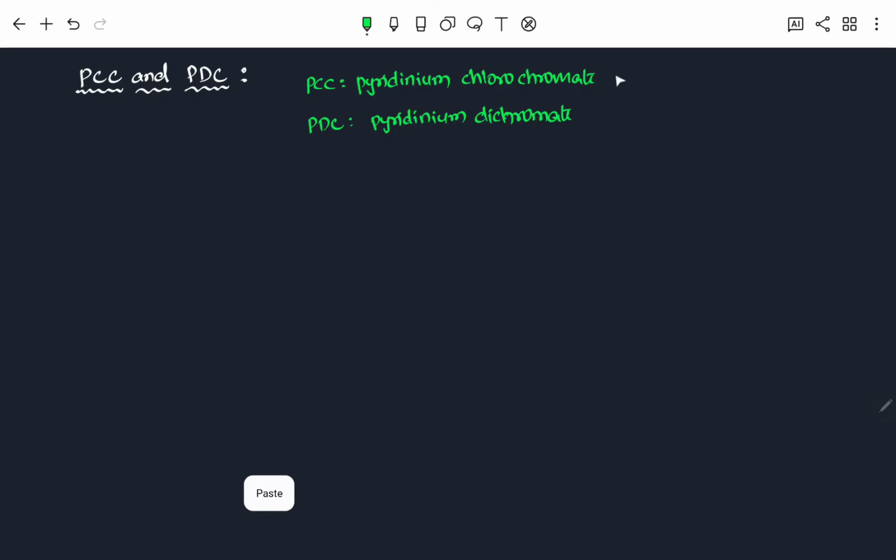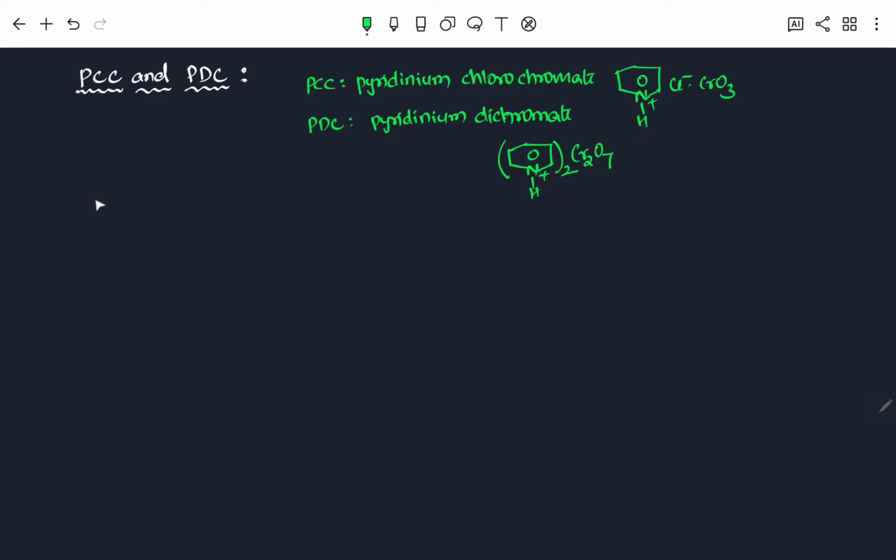So PCC structure is the structure of pyridinium chlorochromate. And PDC structure is like potassium dichromate, pyridinium taken twice, Cr2O7, pyridinium dichromate.